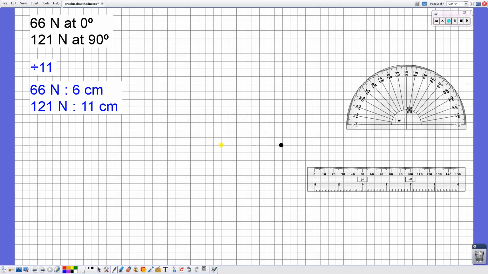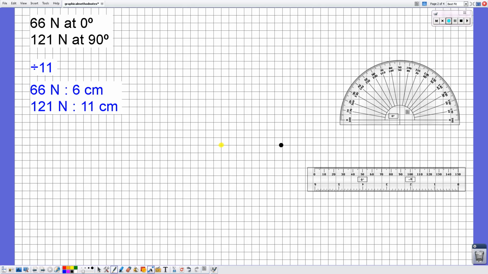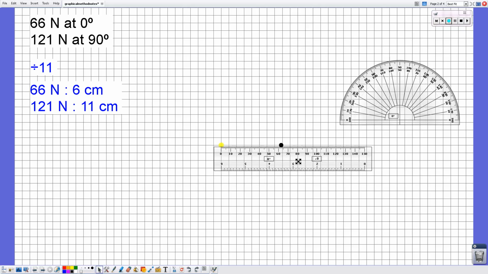Next, I am going to draw my arrow, but I want it to be a very specific length. I'm going to ignore the zeros on here so that it actually fits on the screen. So 6 centimeters, I'm going to go to what has it as 60 on this ruler because the ruler's messed up.